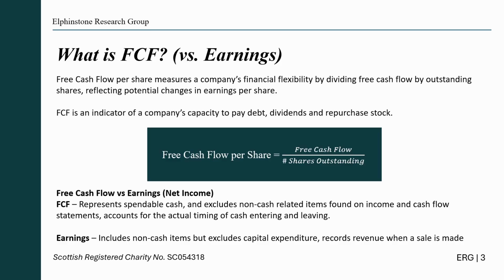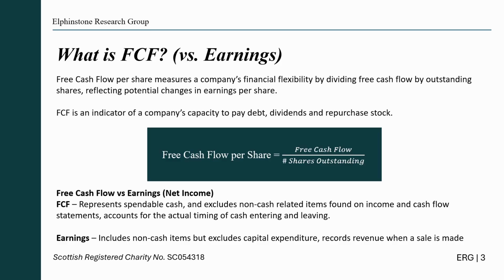Now, comparing it to earnings, or you may also encounter it as net income, earnings includes non-cash items like depreciation and ignores capital expenditure, which is the cash spent on assets. Whereas free cash flow represents the spendable cash and excludes non-cash related items found on income and cash flow statements, like depreciation and amortization.